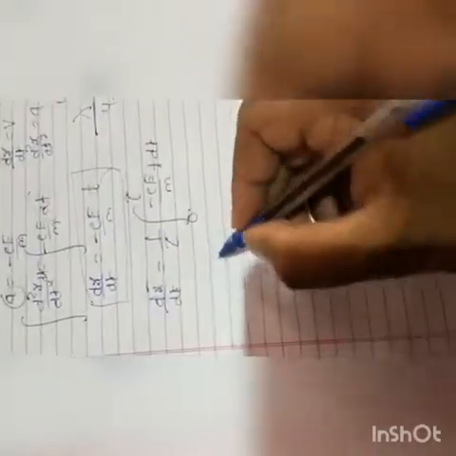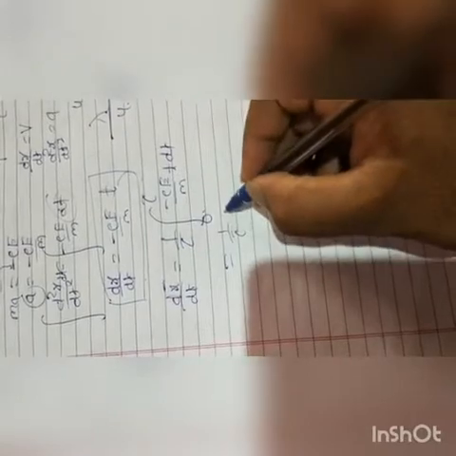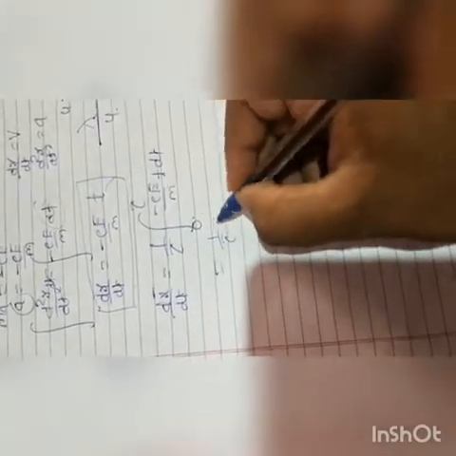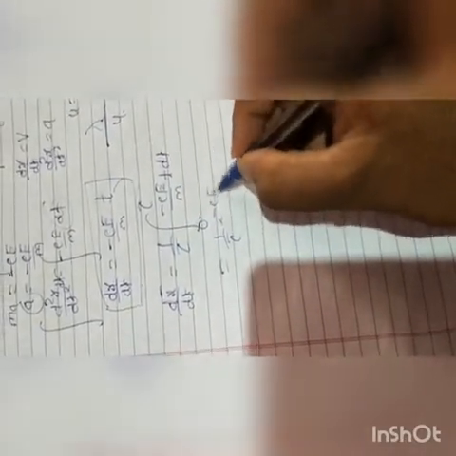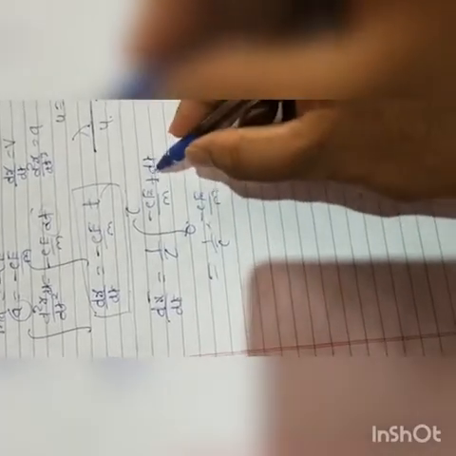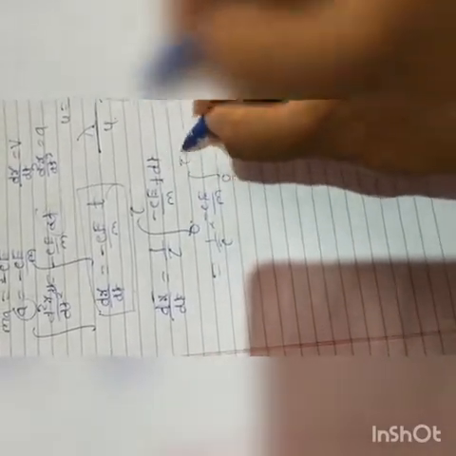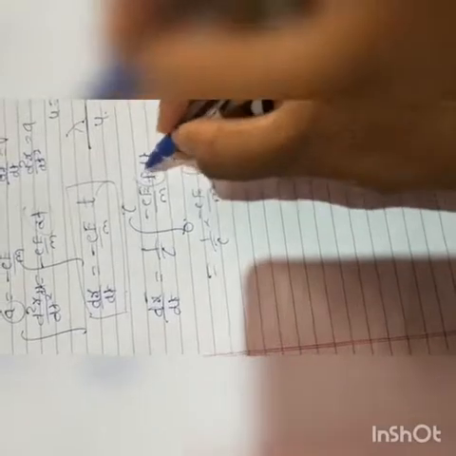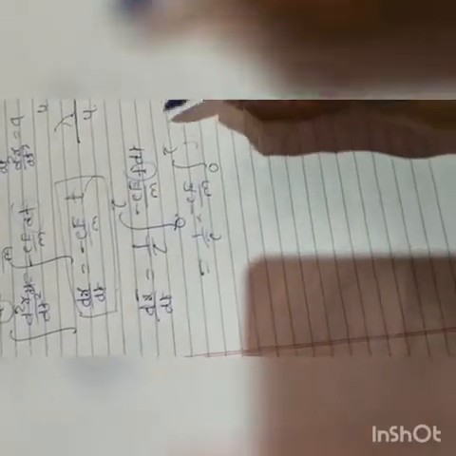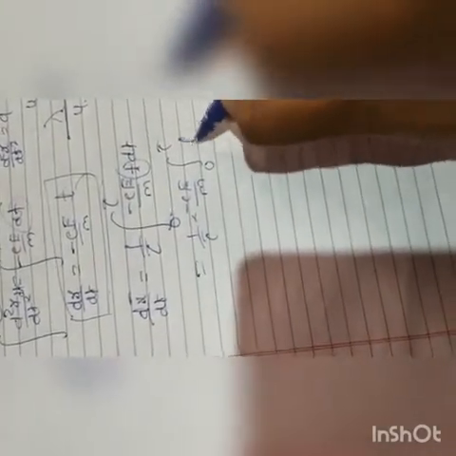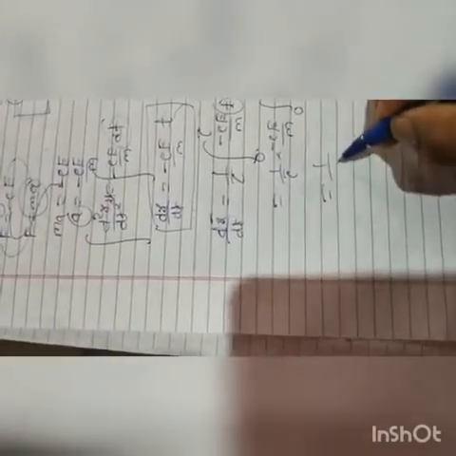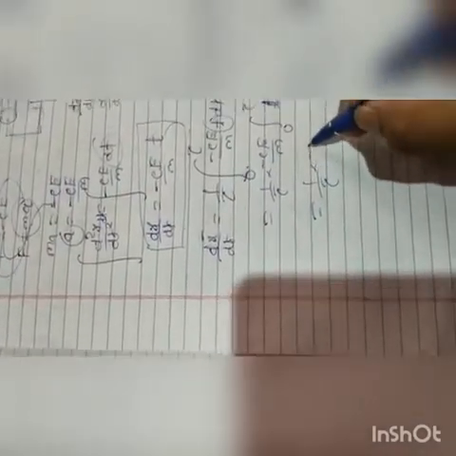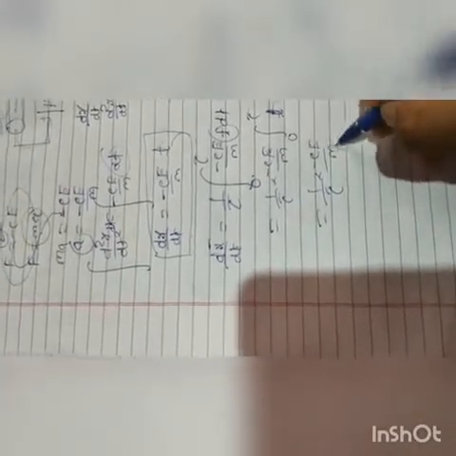When you integrate this, we get 1 divided by tau times the constant term minus eE divided by m, times the integration of t dt from 0 to tau. It will be 1 divided by tau, minus eE divided by m.